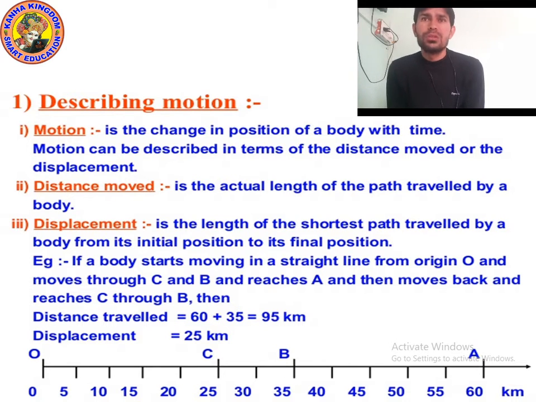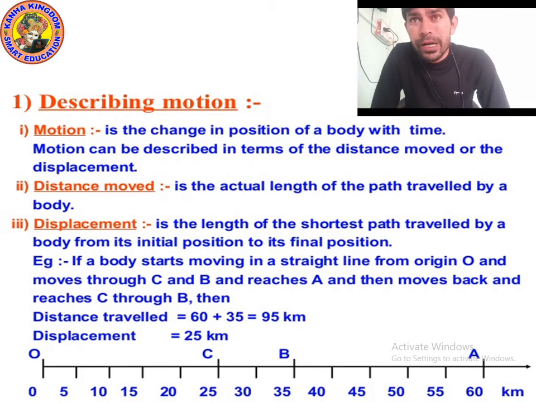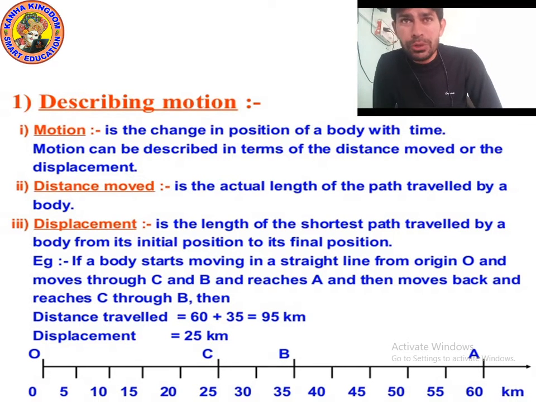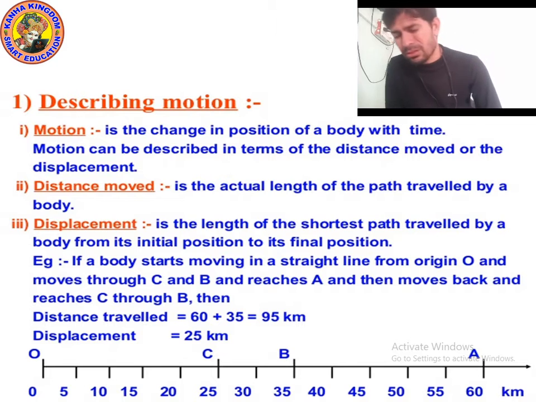Suppose I am walking at the same place, at one position. Will it be motion? No, you cannot call it motion, because in motion the position should change, from one place to another place.